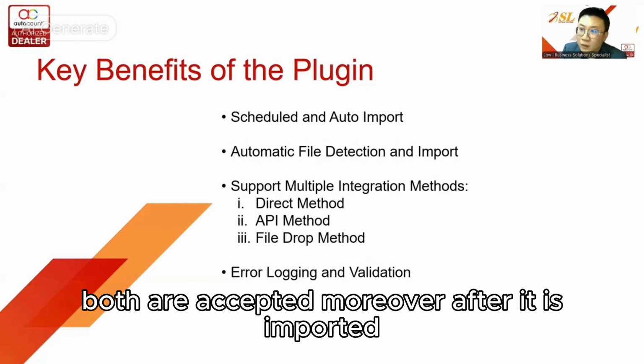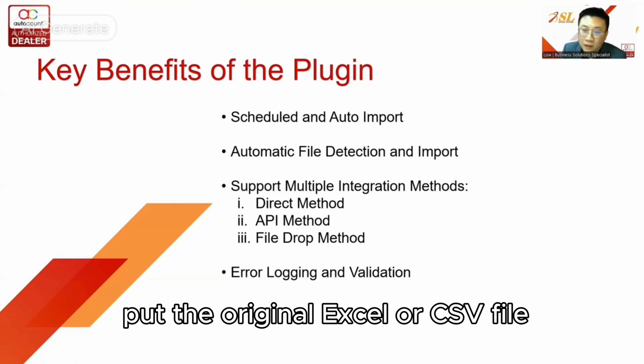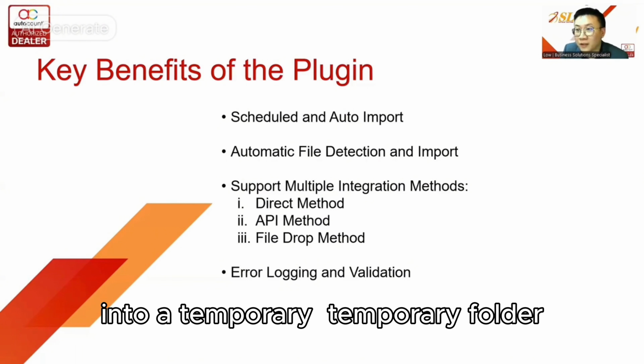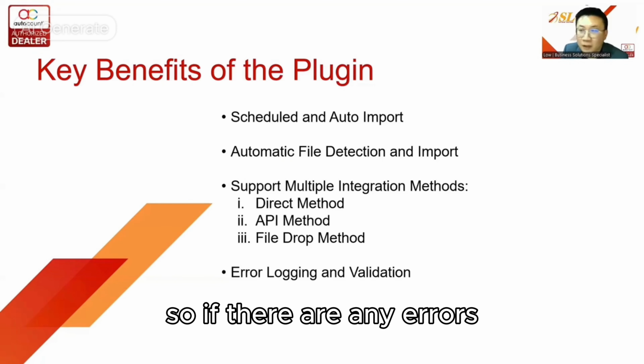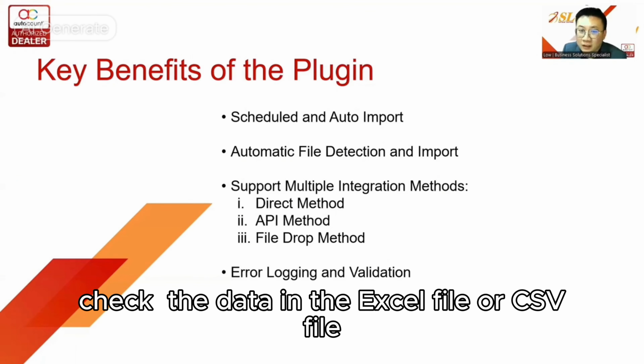Moreover, after it is imported, it will put the original Excel or CSV file into a temporary folder. So if there are any errors later, you can go back to that folder to check the data in the file.